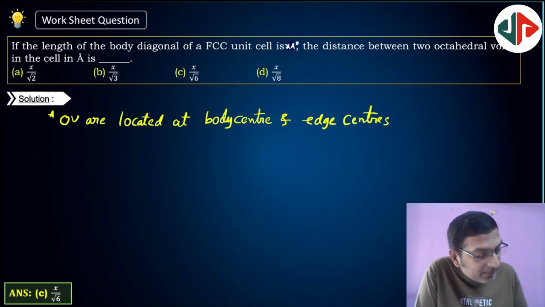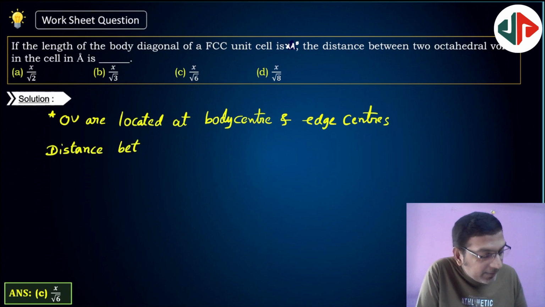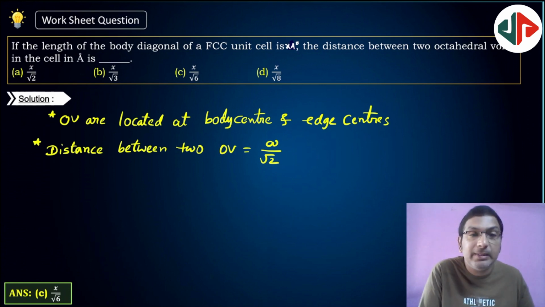These are location of octahedral voids. So distance between two octahedral voids will be equal to A by root 2. Remember this formula, A by root 2. Distance between two octahedral voids.